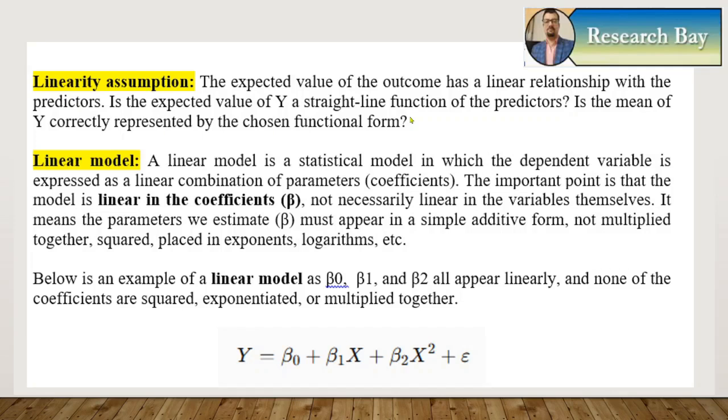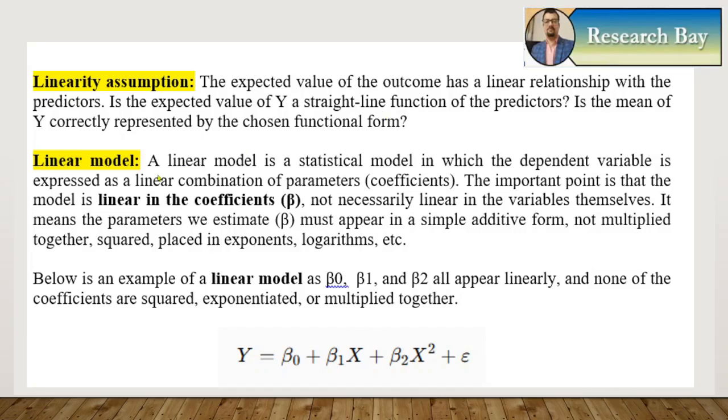So linearity assumption is one of the important assumptions of carrying out regression analysis. Actually, we check this linear assumption by plotting on an xy graph wherein the y-axis represents the residuals, residuals meaning actual minus predicted value, and the x value represents the predicted value. When you plot this, you must get a straight line function. So that straight line indicates that the linearity assumption is fulfilled.